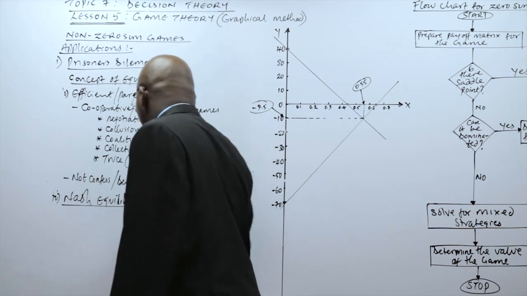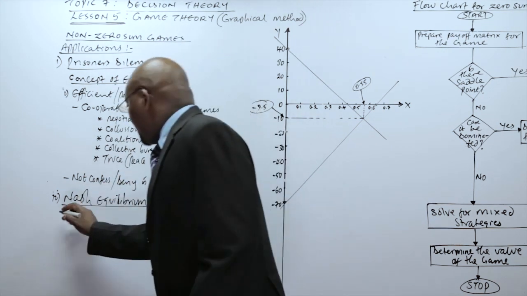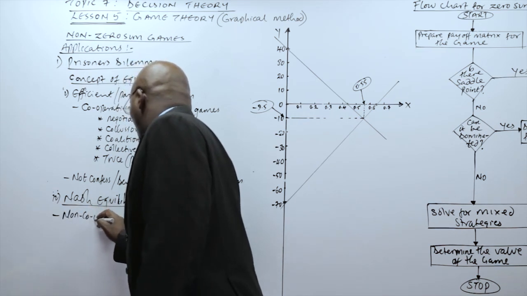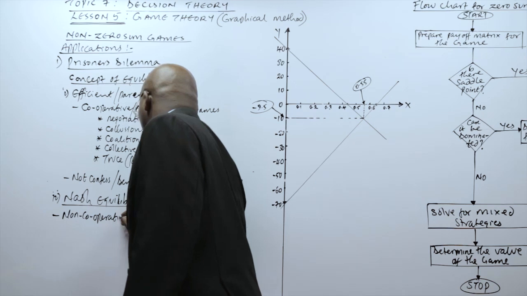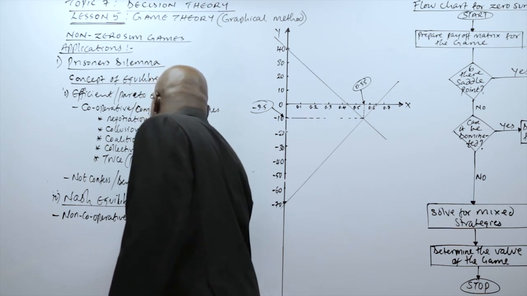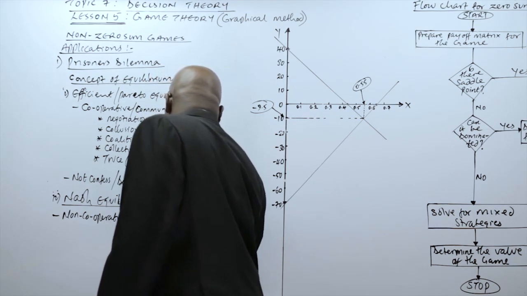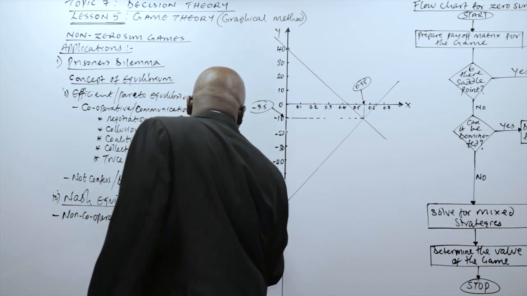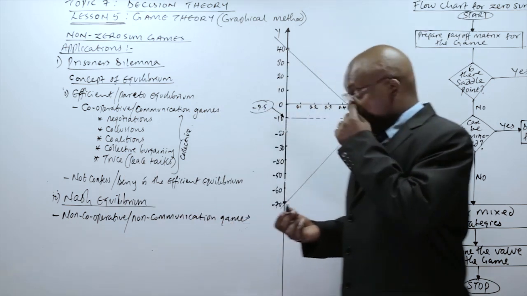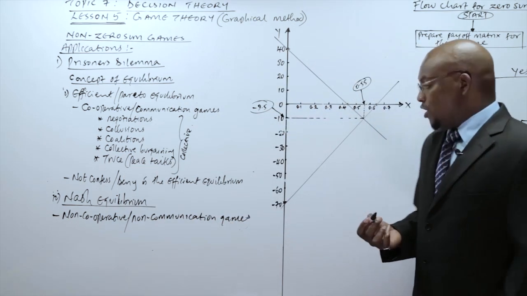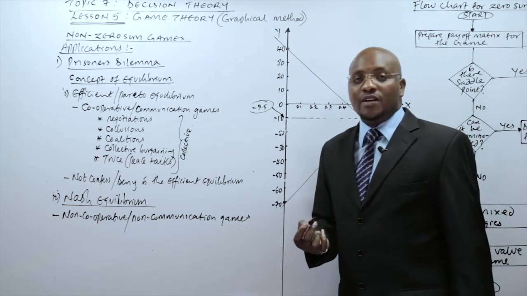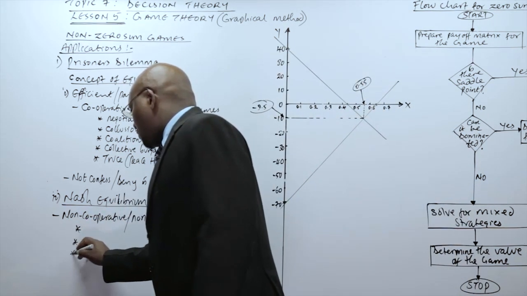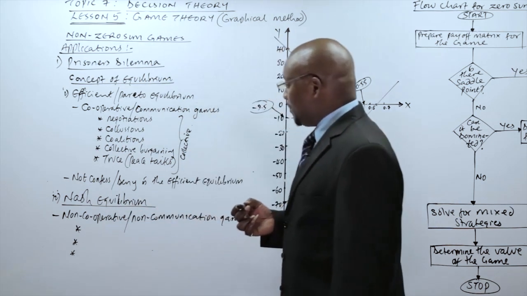Now, this Nash equilibrium is applicable to non-cooperative or non-communication games. These are games where you don't communicate, you don't agree, so you just play what you think will put you into a better position.